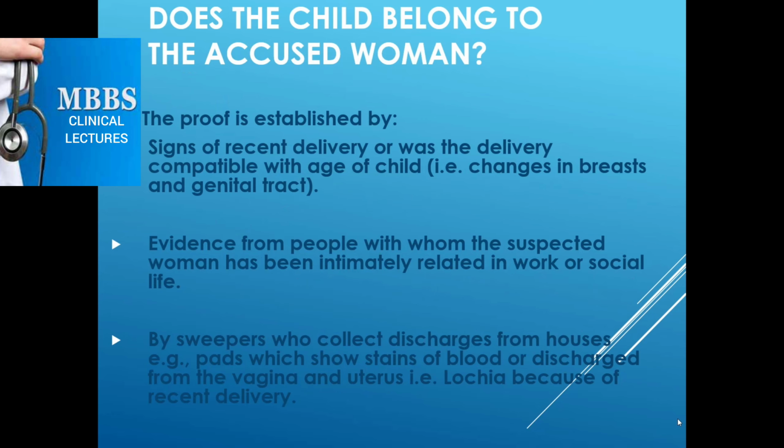Does the child belong to the accused woman? The proof is established by signs of recent delivery, or whether the delivery was compatible with the age of the child, the changes of the body in the female, the changes in the breast and the genital tract. Also evidence from the people with whom the suspected woman is intimately related, like at her work or social place, at home, or from sweepers who collect discharges from the houses, like sanitary pads, which show stains of blood or discharge from the vagina and uterus, lochia, because of recent delivery.